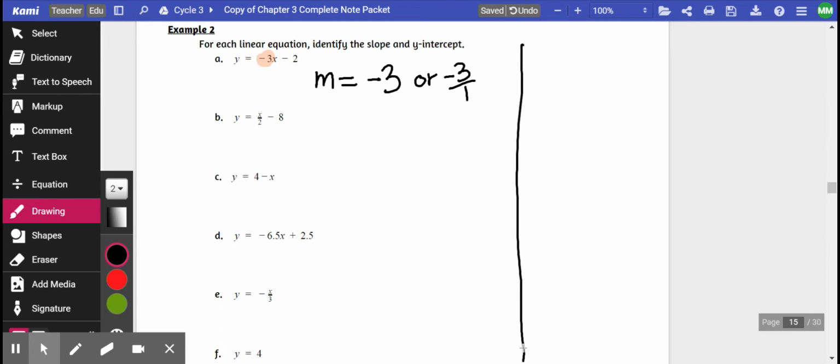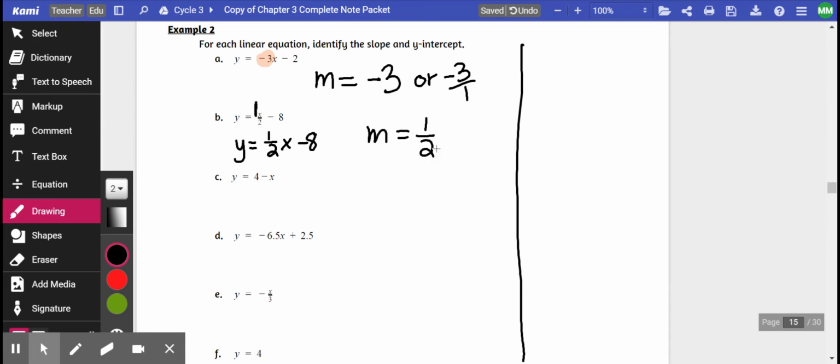We're going to go back in a little bit and do our y-intercepts after we look at our slope. So for the next one, you have x over 2. Now, invisibly in front of an x variable is a 1. So you can think of this one as being the same as y equals 1/2 x minus 8. So for this one, m would equal 1/2.